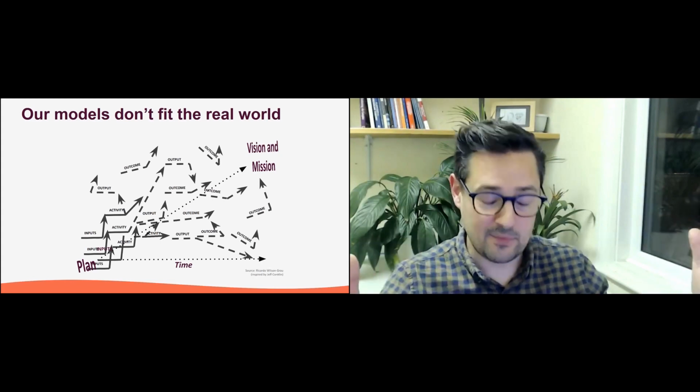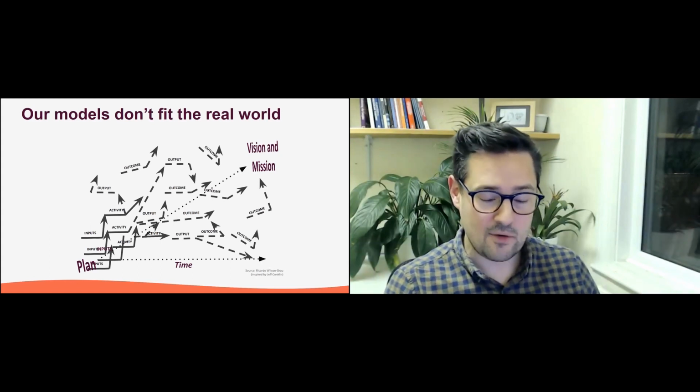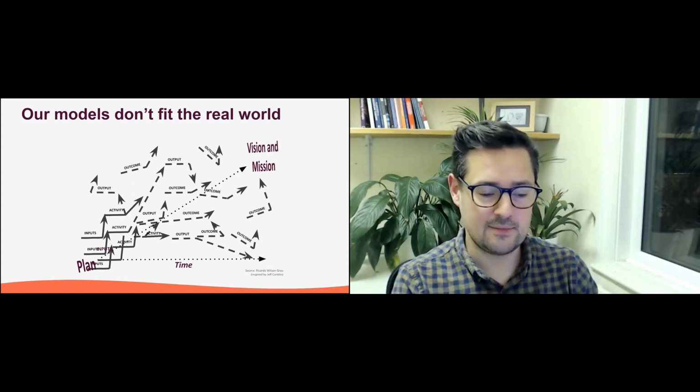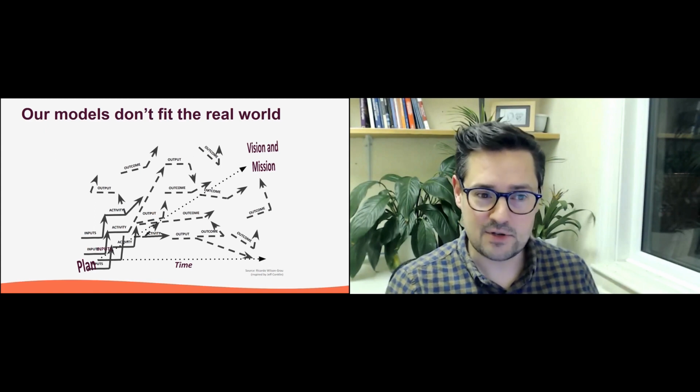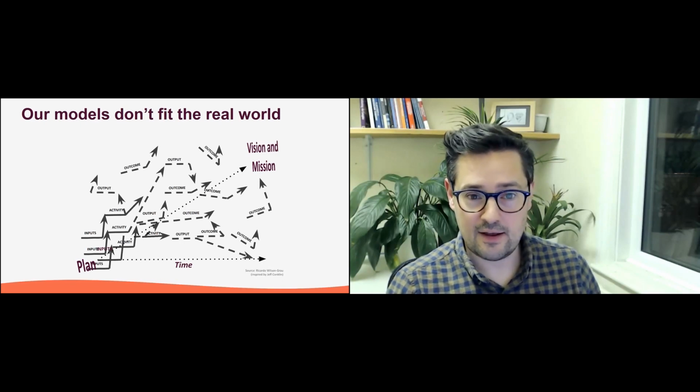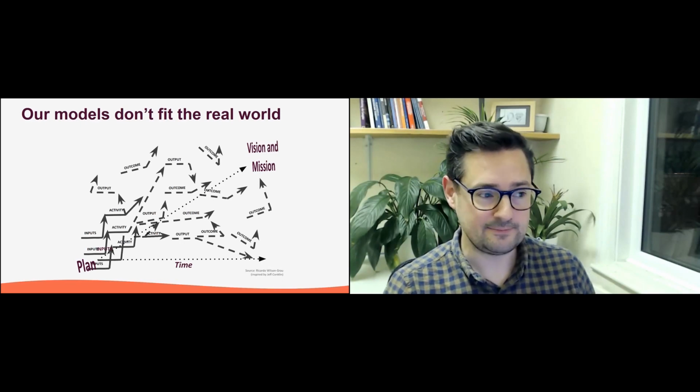You produce different outputs maybe, and they go on and influence sometimes surprising outcomes. Sometimes they don't produce any outcomes. There's a lot more uncertainty, unpredictability, and at the end of the day, we get a messy picture like this.